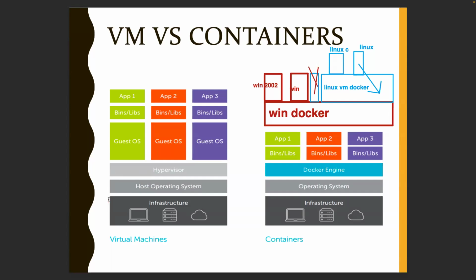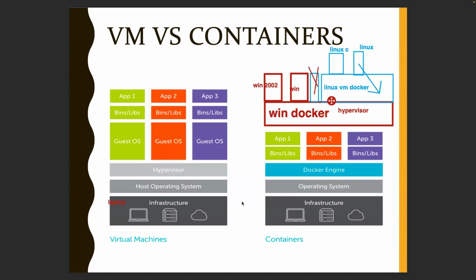This is my laptop. Yes, hypervisor will be there to create a VM. But hypervisor is not the point, because I told you last class there is a bare metal architecture also where you can put a VM without a hypervisor. That's not the point.